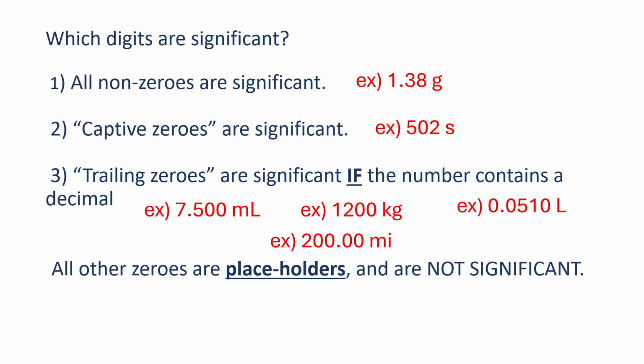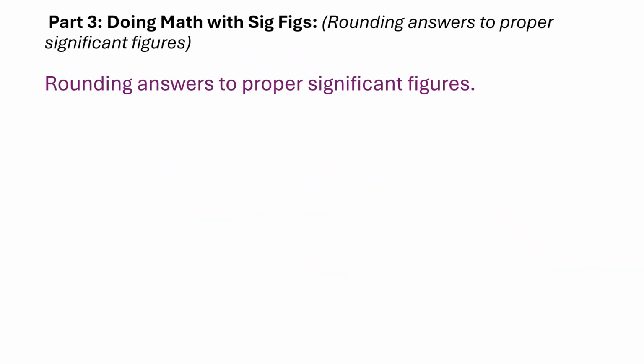So it is really important that we have placeholders, but we should also recognize that this number would not be reliable to the nearest 1 or even 10 kilograms. So this number could actually be measured more precisely, 1,185 kilograms or 1,206 kilograms, right? So that's why we need to recognize significant figures.